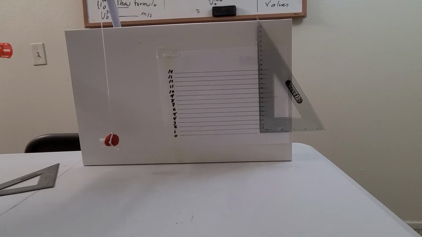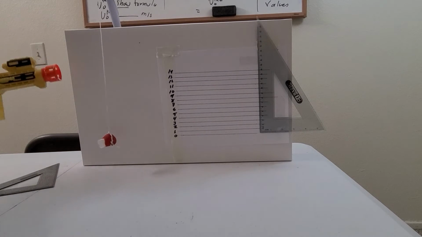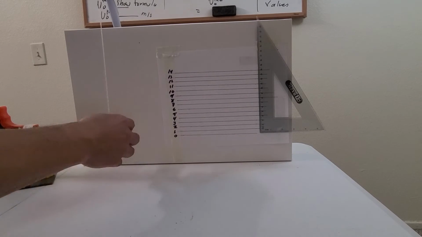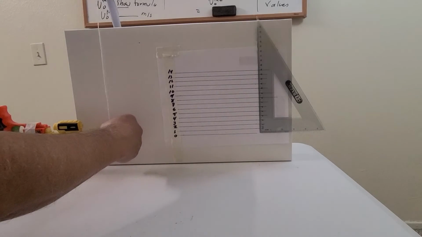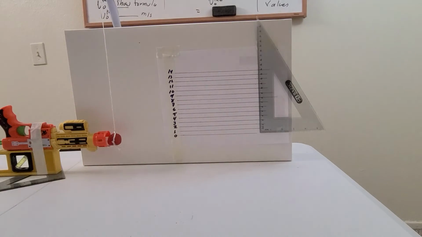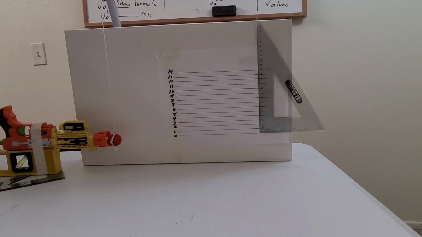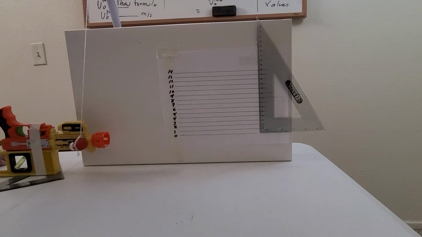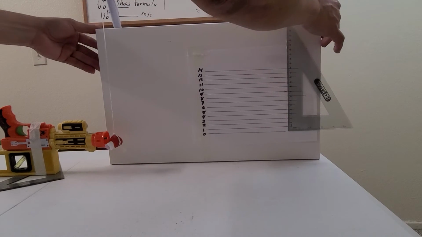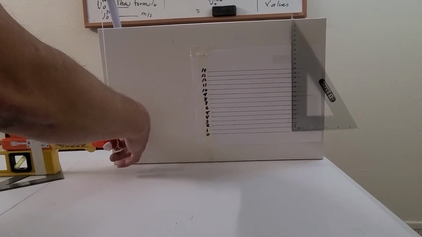Let's load the spring gun one more time. Let's connect these two to make sure they're together. Let's try one more time. Let's see if you can see it this time. If not, one more time. The last one.